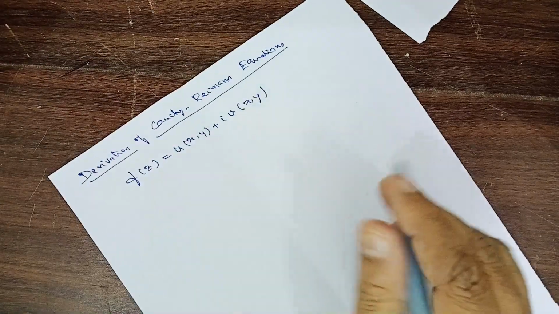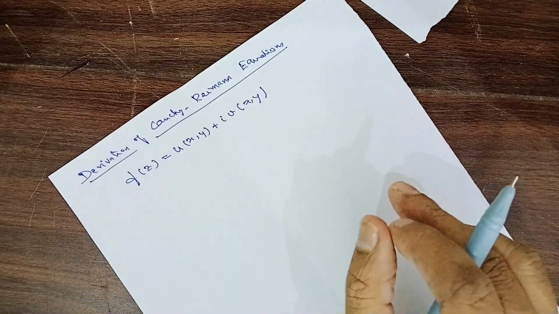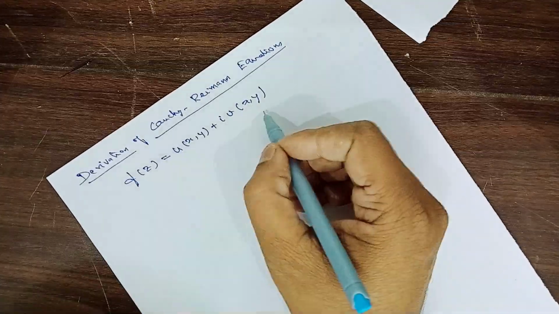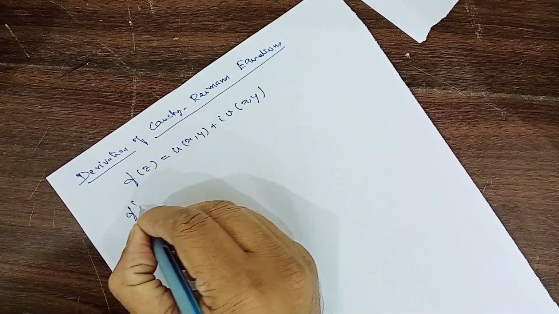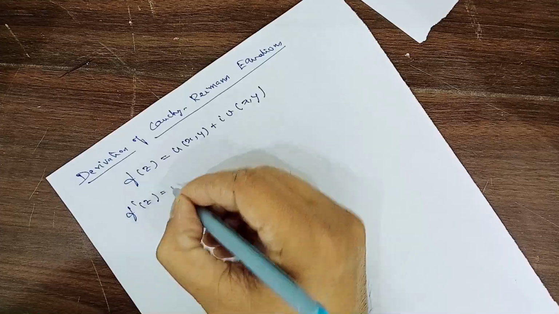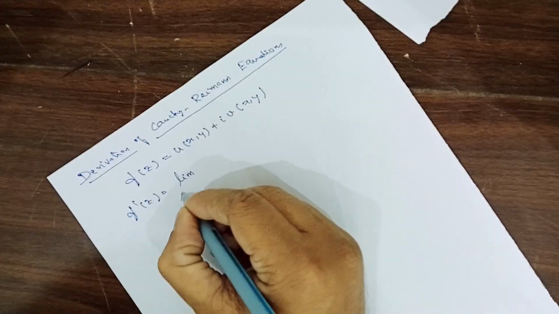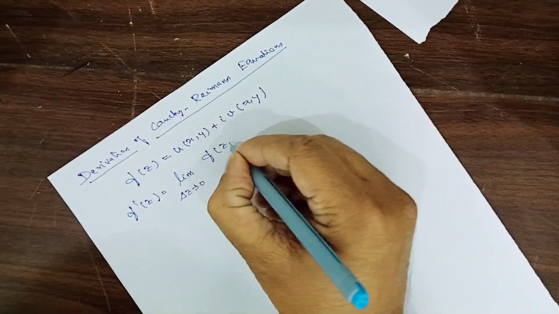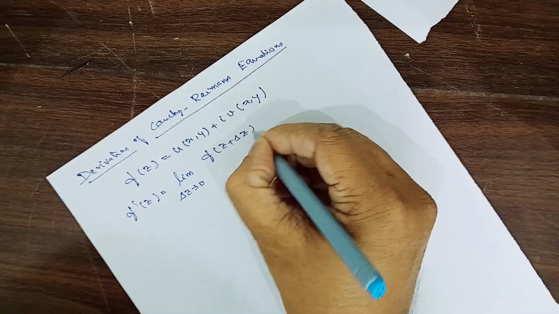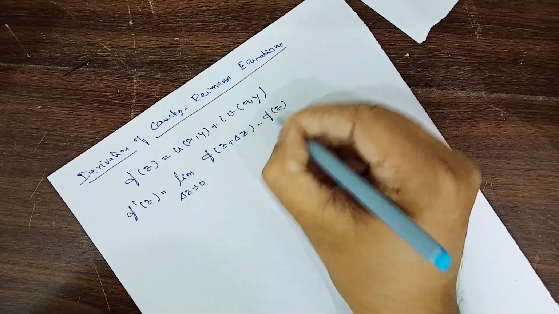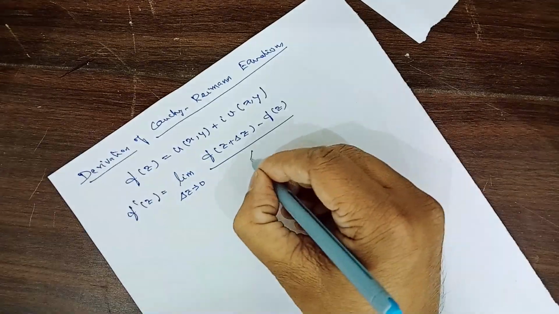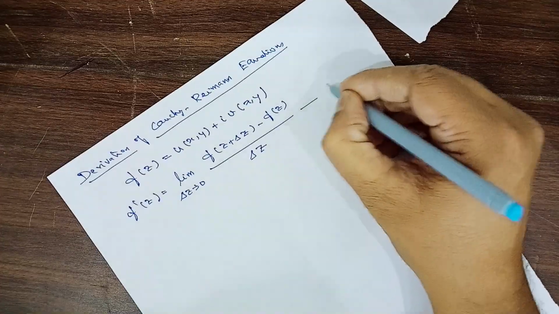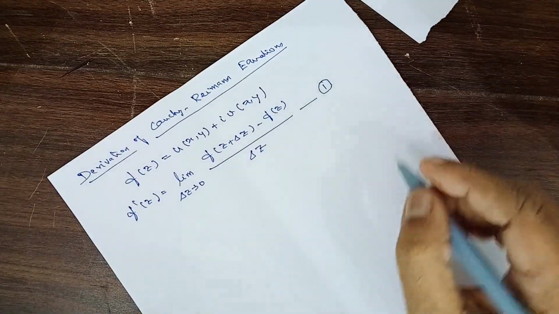According to the definition, for a function to be analytic, it should be differentiable. So what will be the derivative? F dash of z is equal to the limit as delta z tends to 0 of f of z plus delta z minus f of z, divided by delta z. Let this be equation number 1. This is the main equation.